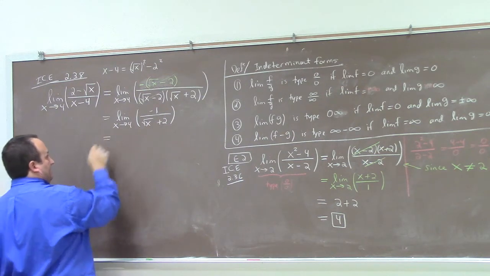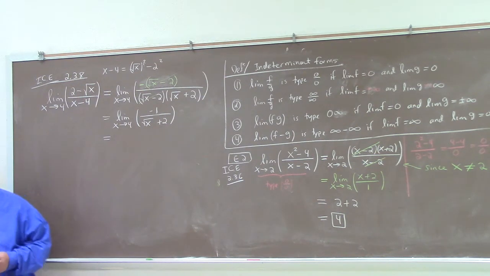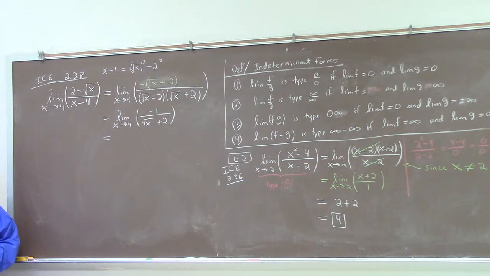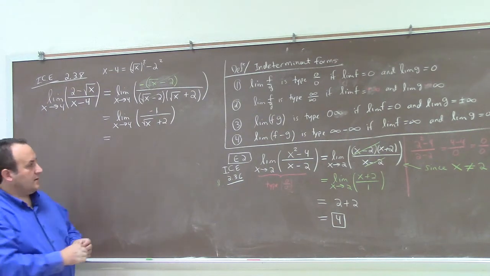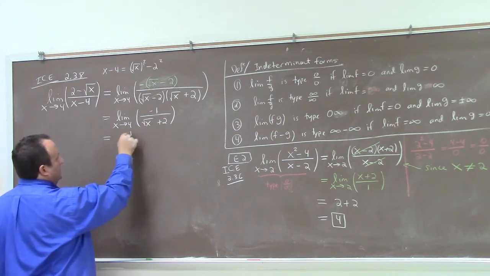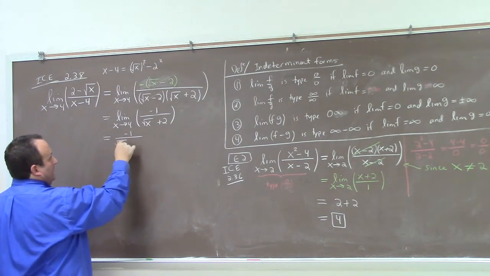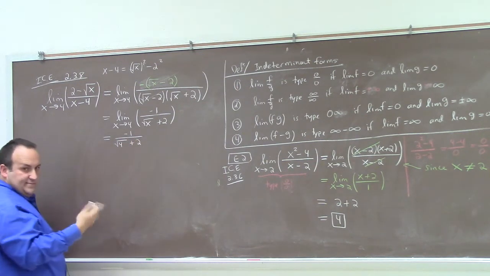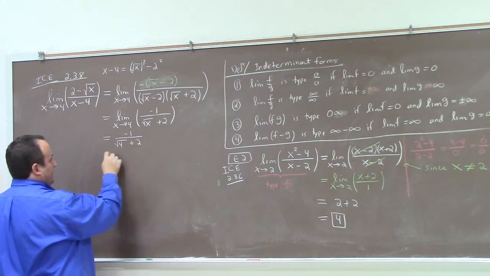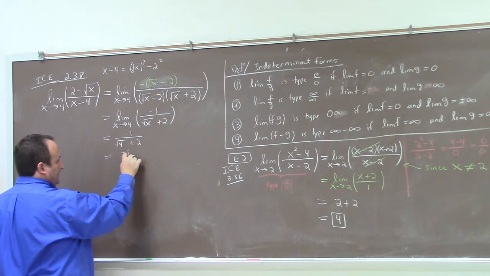And so what do we get? We get minus 1 over the square root of 4 plus 2. Now that we can do because, negative 1/4.